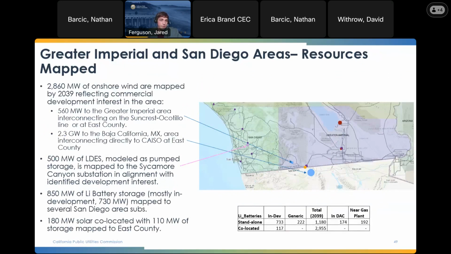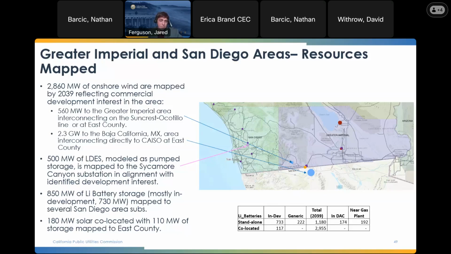And in addition to the geothermal, we have about 2.8 gigawatts of in-state wind, and most of that, about 2.3 gigawatts, is mapped to Baja California, Mexico wind that we have commercial interest for in the ISO interconnection queue, and that interconnects directly to the East County substation area.